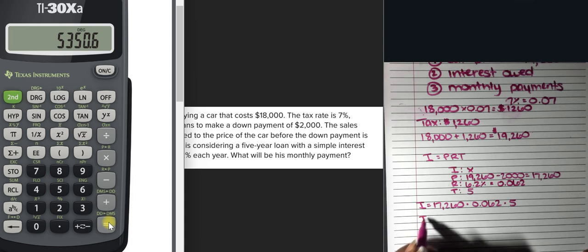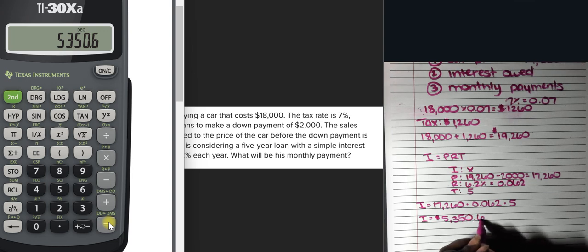So our interest is equal to $5,350.6. But remember, when we talk about dollars and cents, you need 2 digits to the right of the decimal, so we're just going to add a 0. This is how much interest he is going to pay over those 5 years.